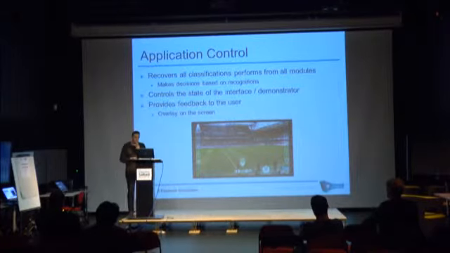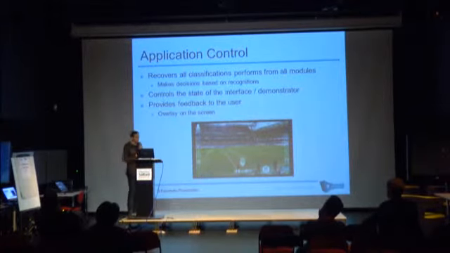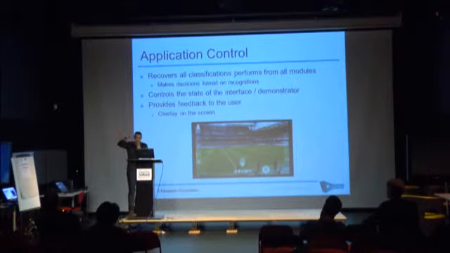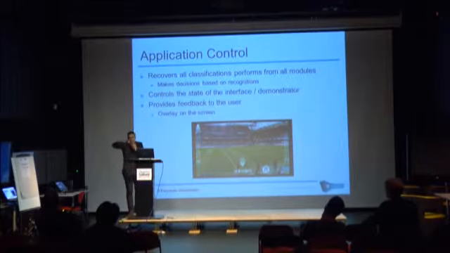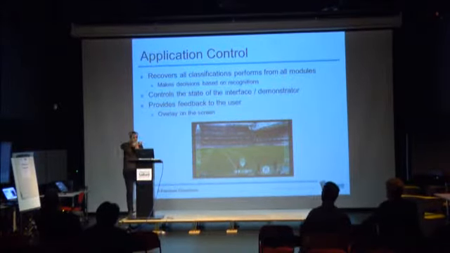From the studies that a colleague of ours in the project has performed, we found out that if you want to build an interaction system, it is very important that you give feedback to the user. So the user knows if the system is responding or not. If you want to navigate through the screen with gestures, the user has to know where the hand is to move it.